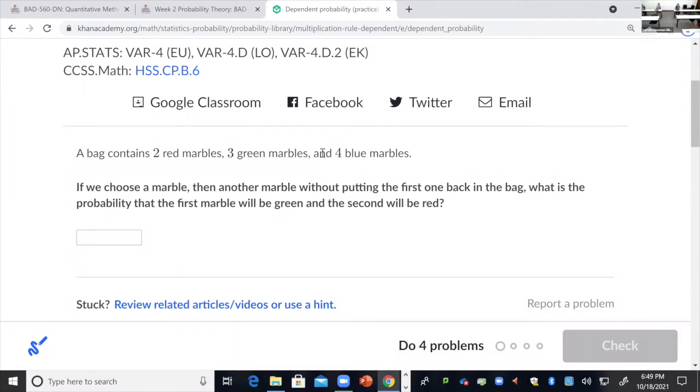Say that slowly. Like the probability of A times the probability of B after A. Okay, you mean given, right? Multiplied by each other. But what is the second one? The probability of B after you picked A. Okay, that's called conditional probability. You have 10 points. Okay, thank you.